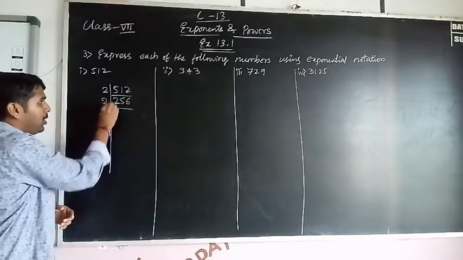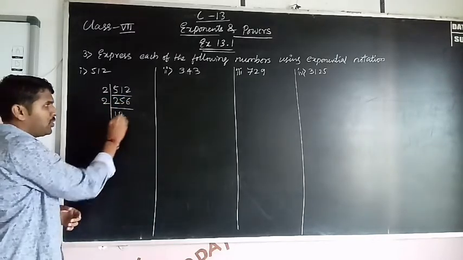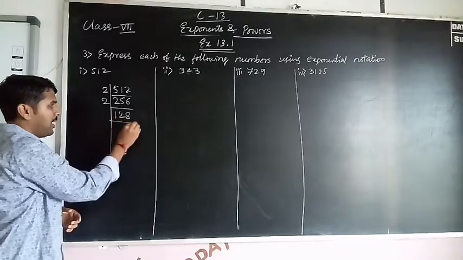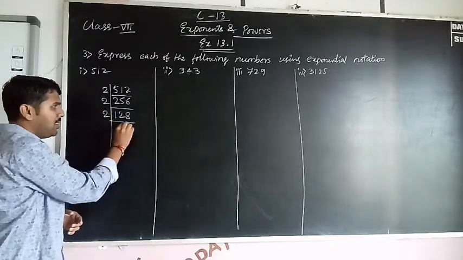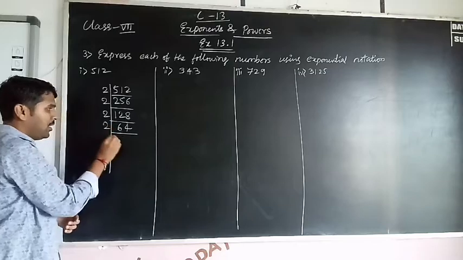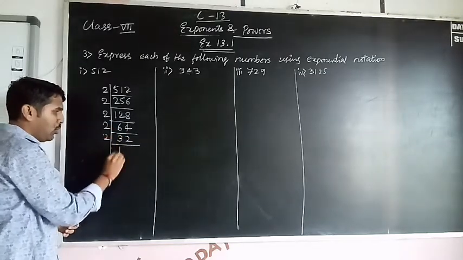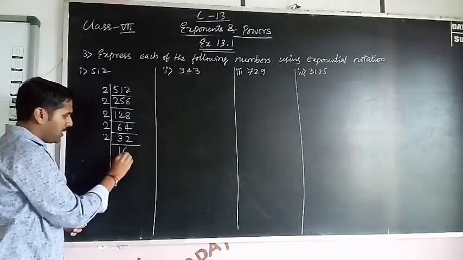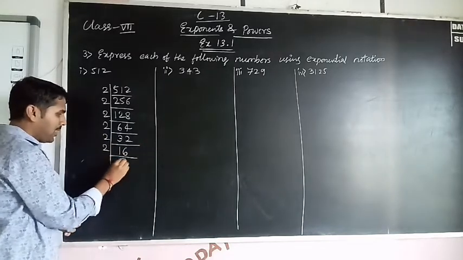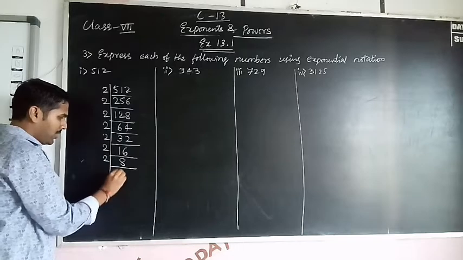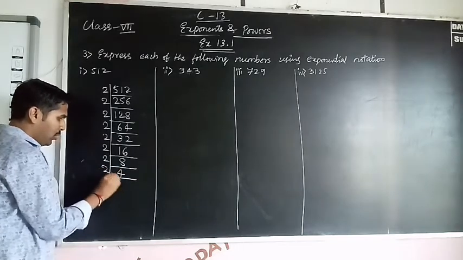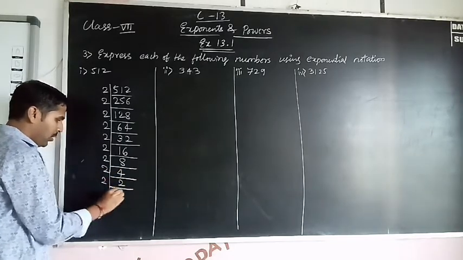Next again, 2 1s are 2, 2 2s are 4, 2 8s are 16. Next again divide: 2 6s are 12, 2 4s are 8. Next 2 3s are 6, 2 2s are 4. Next again 2 1s are 2, 1 remains, 2 6s are 12. Next 2 8s are 16, 2 4s are 8. Next 2 2s are 4. Next 2 1s are 2.